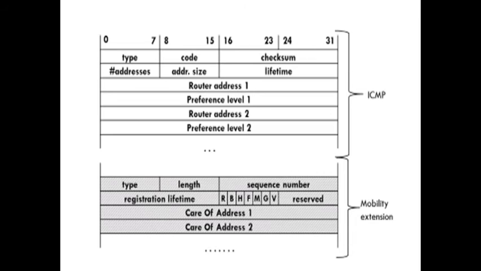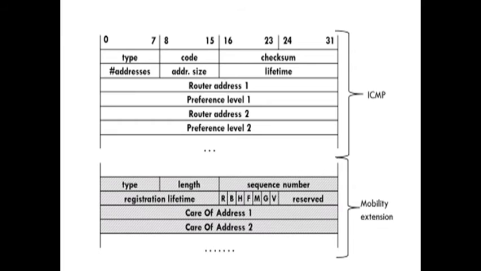So the R bit shows that a registration with this agent is required even when it has a co-located COA at the mobile node. Even after staying in the home network, if a node still wanted to get the advertisements, then this R bit will be set.